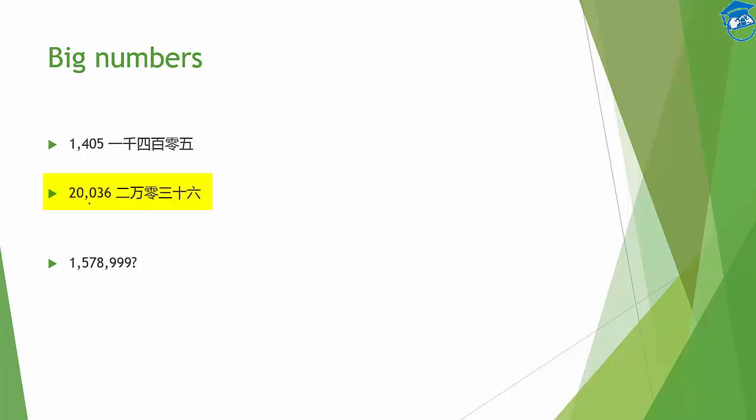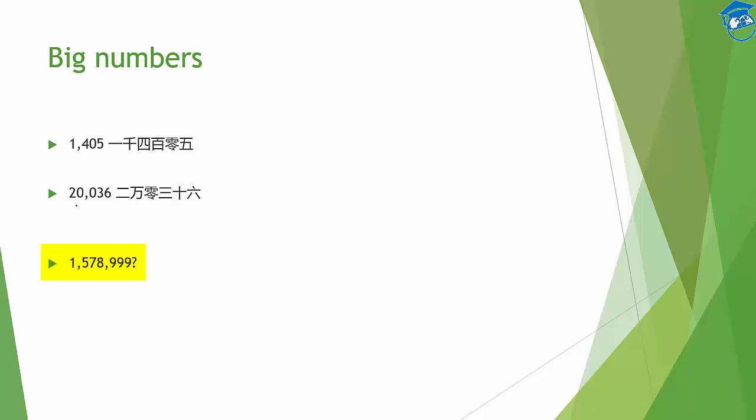And we have 2 zeros in between, so we address the zeros, but we only mention it once. Same goes if we have 3 zeros here. We just say 零 once. So the way to address them is just to say 零 for these 2 zeros here, and then the last two digits are 36.